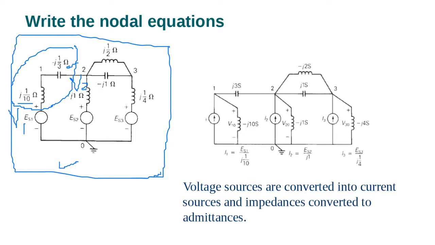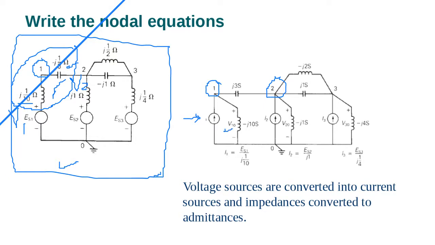Or it's convenient to transfer the voltage into current and put everything in between in parallel with the source. So this is bus number 2 and this is bus number 1. We convert only this part here, into this one.